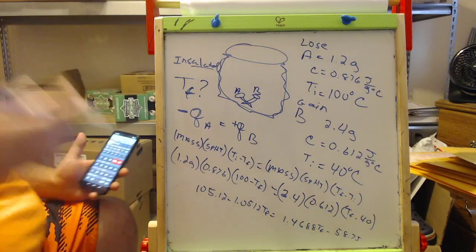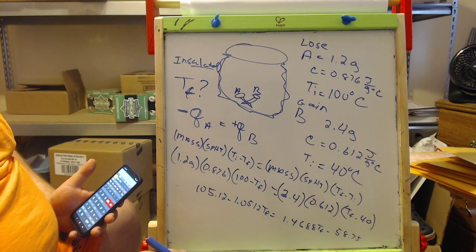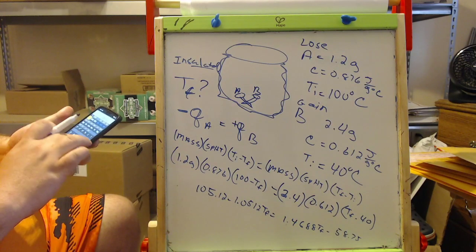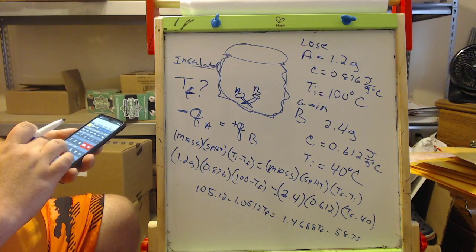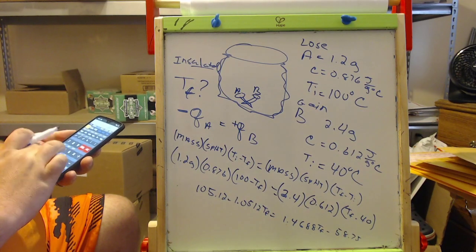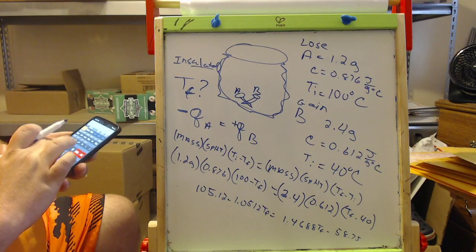I'm running out of board space, but you would combine your TFs, combine your like terms. So I would take 105.12 added to 58.75.